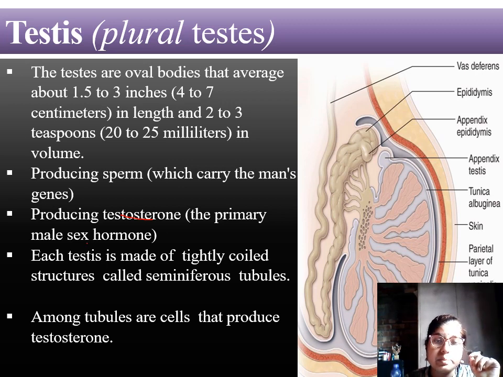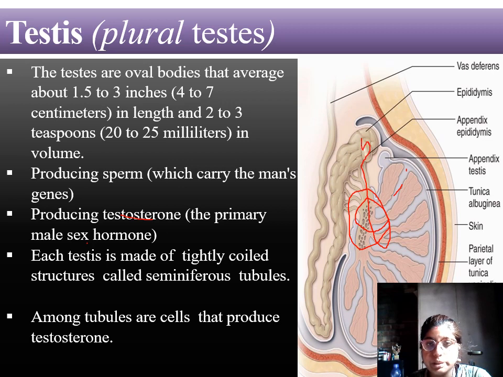The testis is made of tightly coiled structures called seminiferous tubules, in which the sperm is produced and comes through here. And from this region, it enters the epididymis.